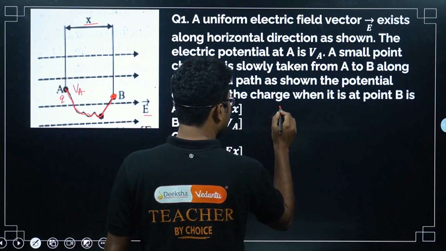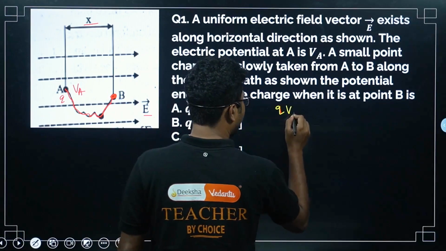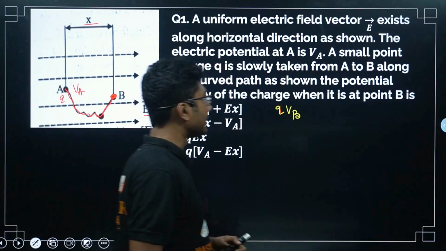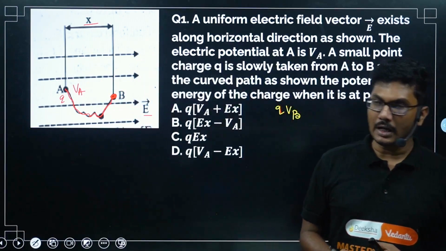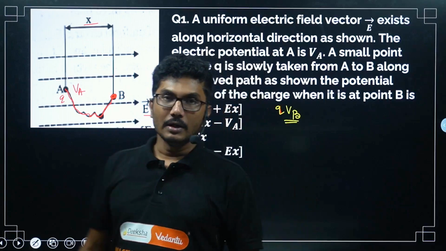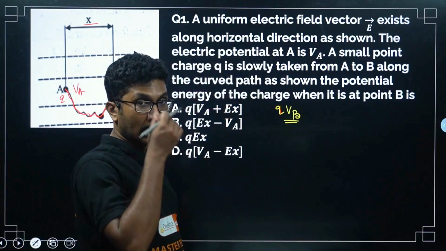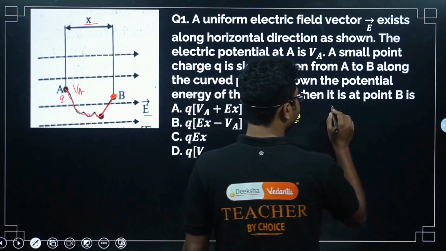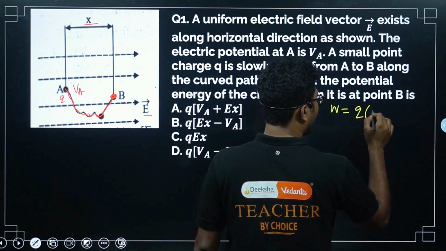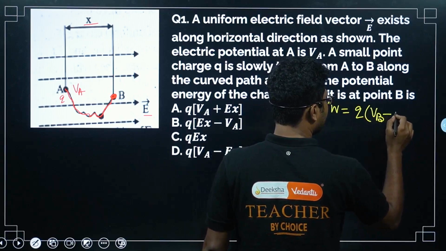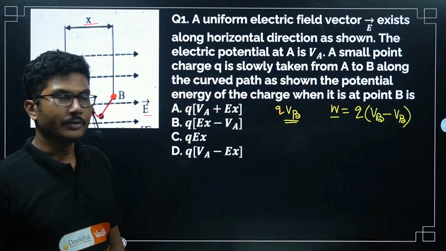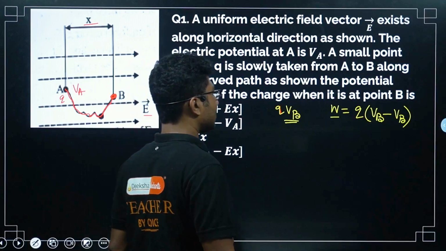So if the charge is Q, then Q times VB will be the potential energy of the charge at this point, and we are interested in finding the potential VB. Now we know that work done is Q times the final potential minus the initial potential. So if we can calculate the work done, then we will be able to find this potential energy.